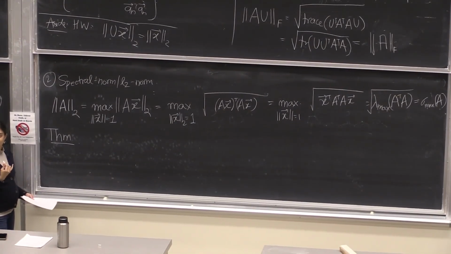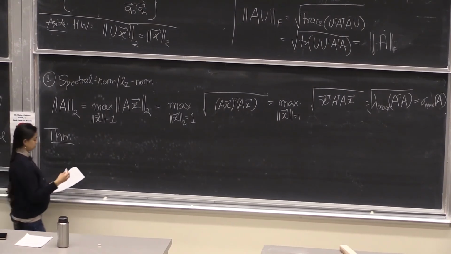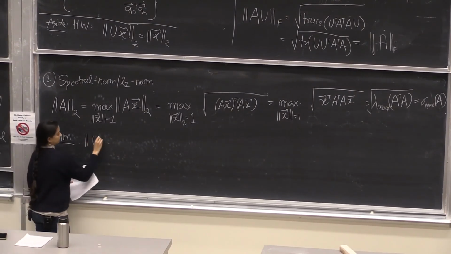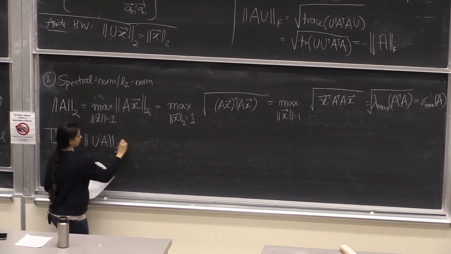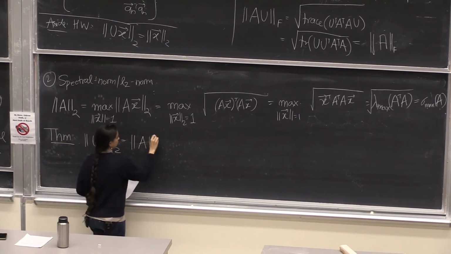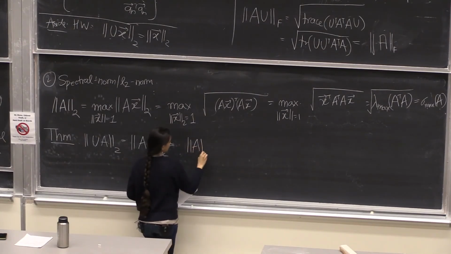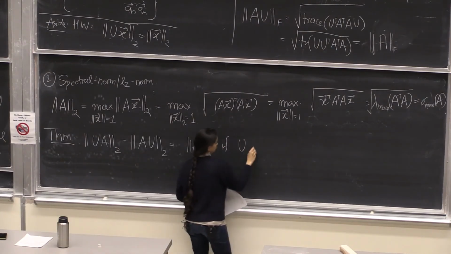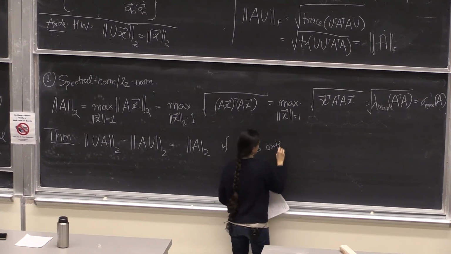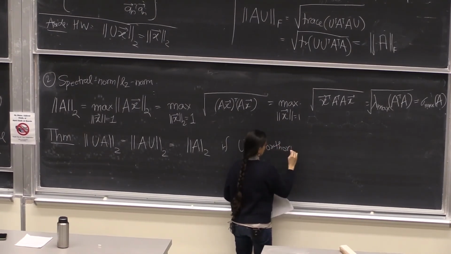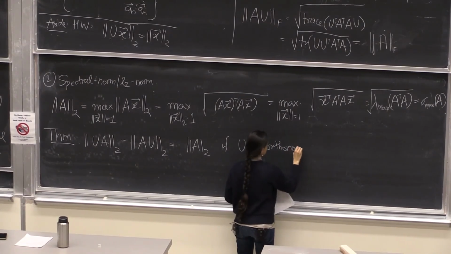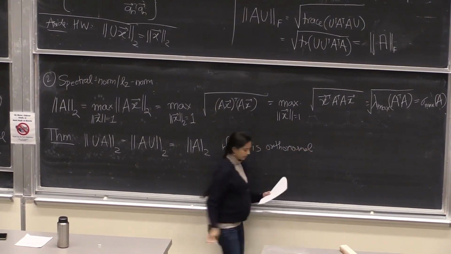The same as the theorem for the Frobenius norm. Replace F with 2. Yeah. The 2 norm of UA is equal to the 2 norm of AV, which is equal to the 2 norm of A, if U is orthonormal. Okay, again, take a minute and prove this.